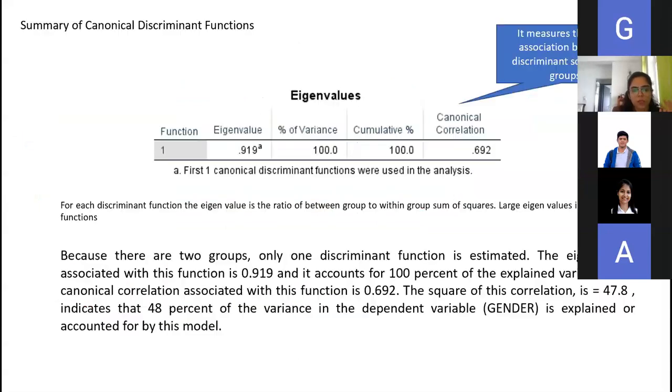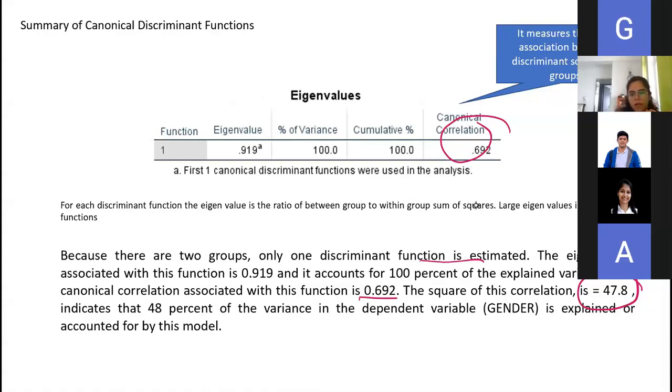Okay, next you get this table. Because there are two groups, gender male and female, one discriminant function is estimated, and it tells you what the variance is. The canonical correlation is 0.692. This is the value; we simply square it, and 47.8% is the variance. But here it is slightly different from regression.